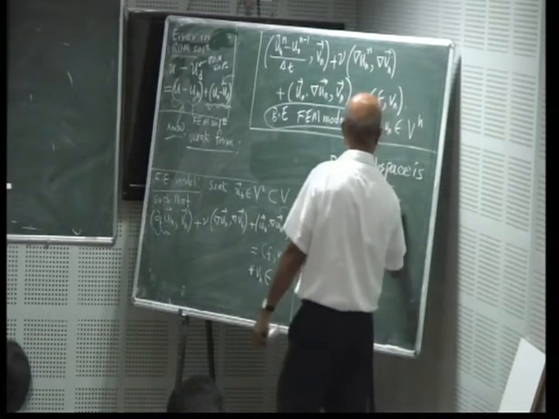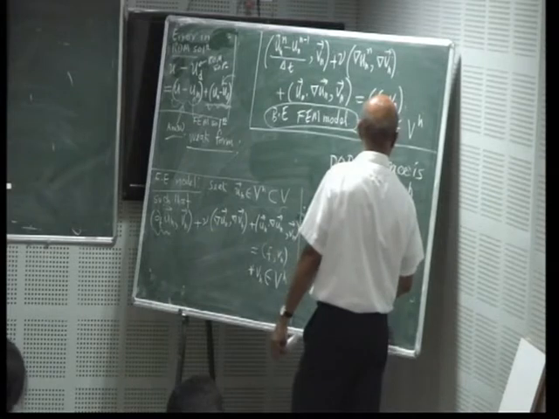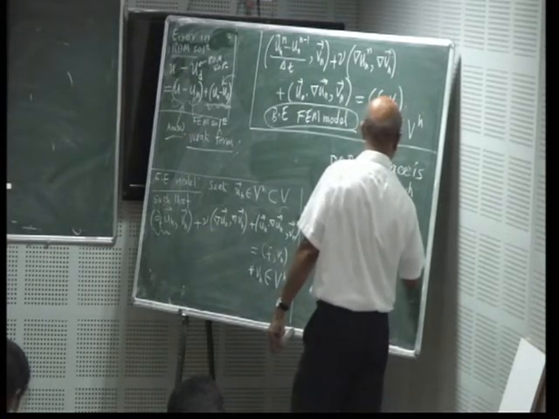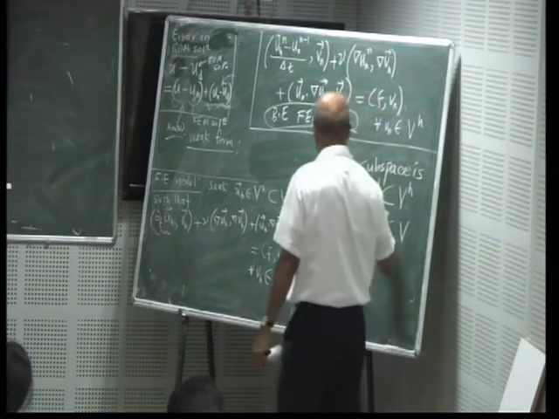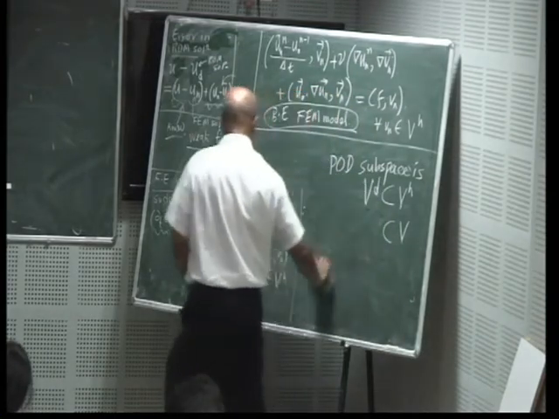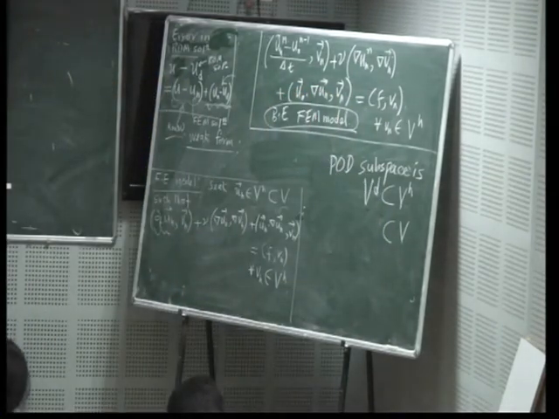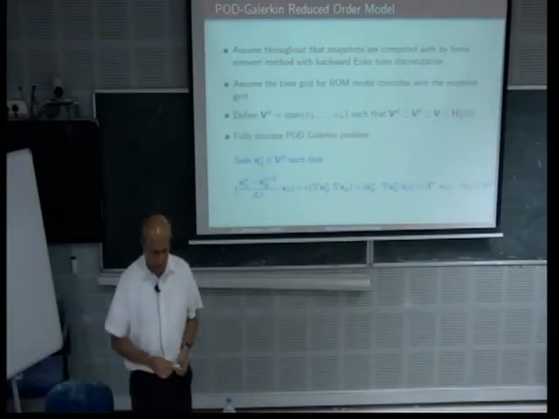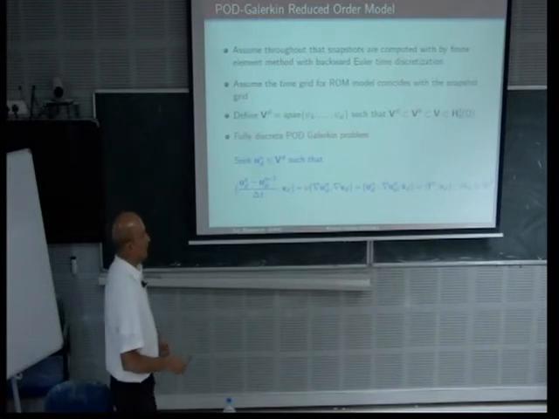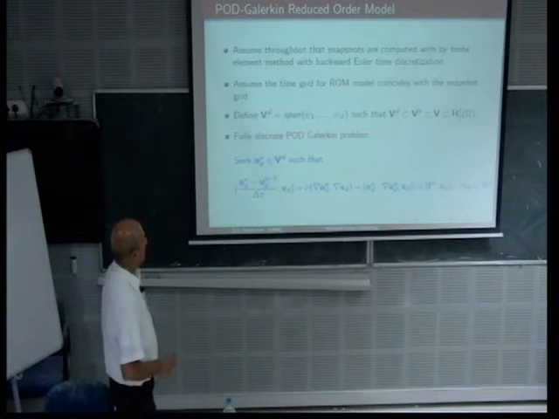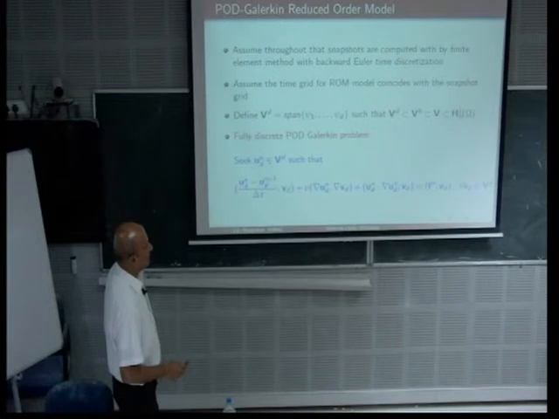Okay, so V_d is going to be a subspace of V_h, and V_h is a subspace of V. So we have this nice subspace sequence. I will be using that a little later. So I'm assuming I'm using the backward Euler finite element model, and I'm defining V_d to satisfy these. Then the fully discrete POD Galerkin problem is this.